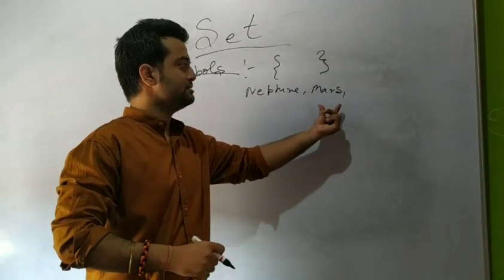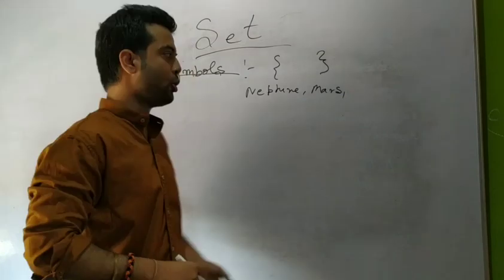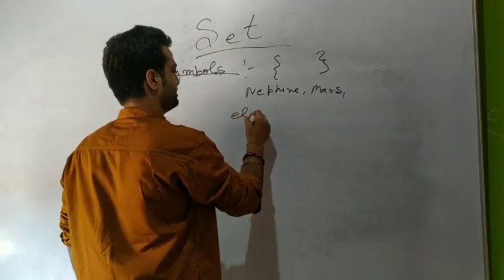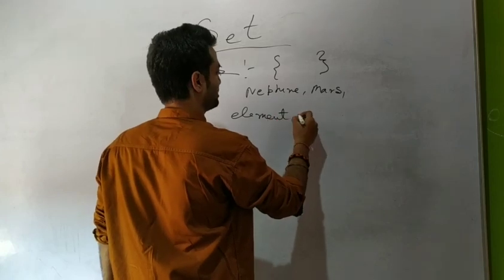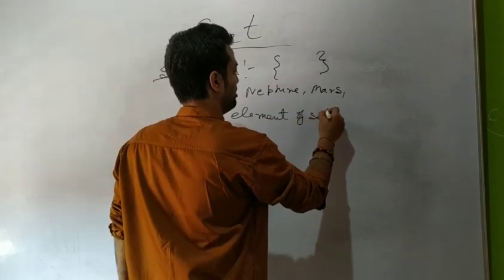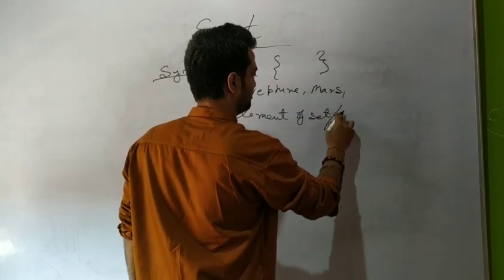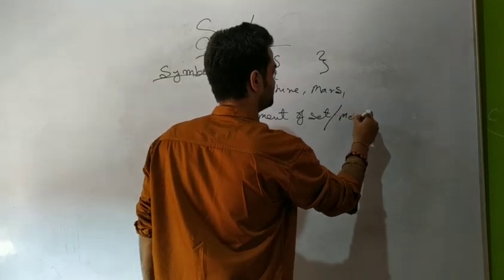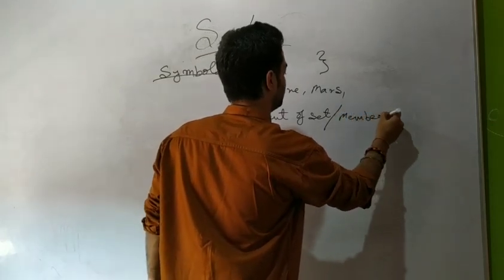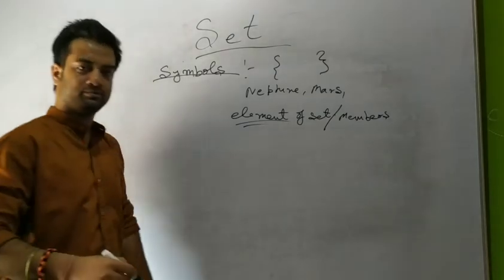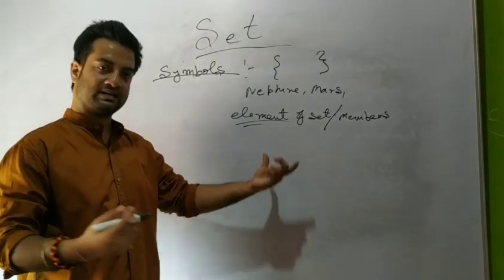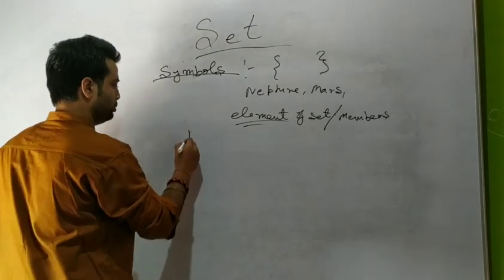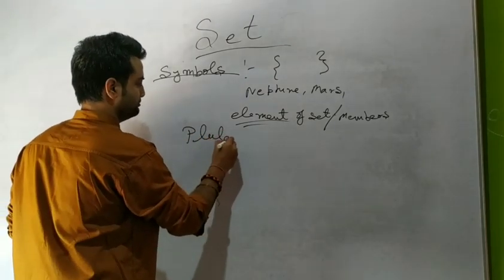Each of these is individually called an element of the set, or a member of the set. Basically, we use the word elements.